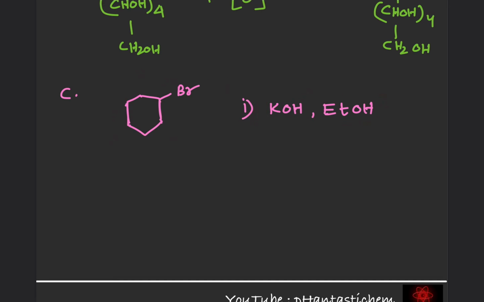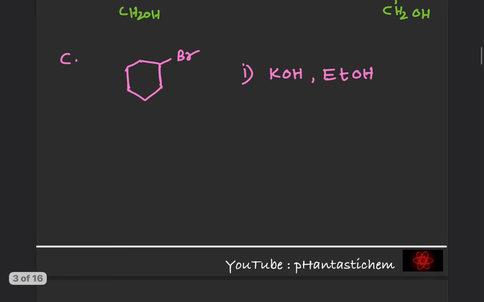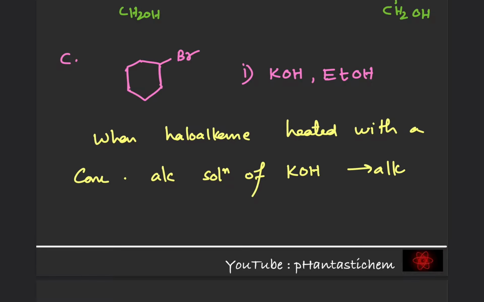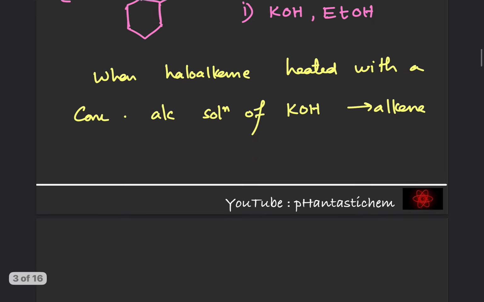Okay, so I will write down this statement, important. When haloalkane is heated with a concentrated alcoholic solution of potassium hydroxide, KOH, alkene is formed. How does this happen?